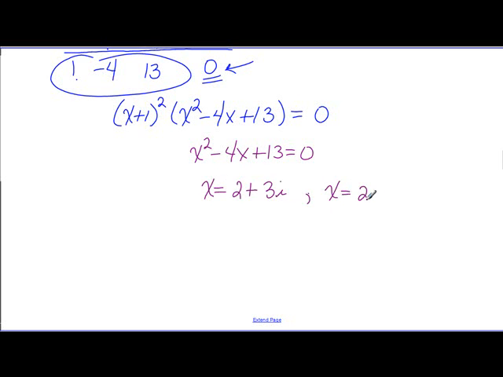So the zeros of this function are x equals 1, x equals 1. If you want to list them all separately, you can. Or you can simply write down that x is equal to 1 is a 0 twice, or a double 0. x is equal to 2 plus 3i. And x is equal to 2 minus 3i.